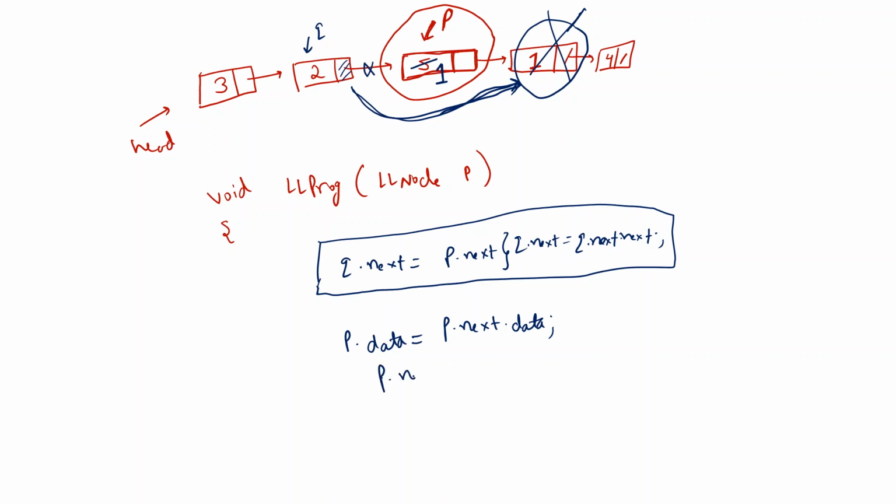I can write p dot next is equal to p dot next dot next. So I make a link like this. Even though you have not broken this link, you have simply copied this node over here and broken that link. So eventually you'll have something like this: 3, 2, 1, 4. It's a little tricky problem, one of the famous linked list questions, but it's not that difficult.